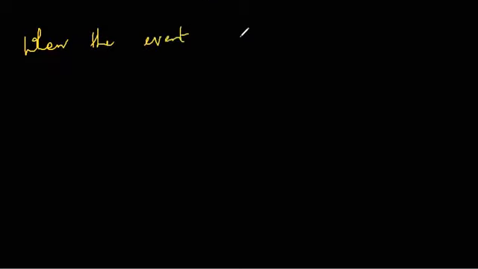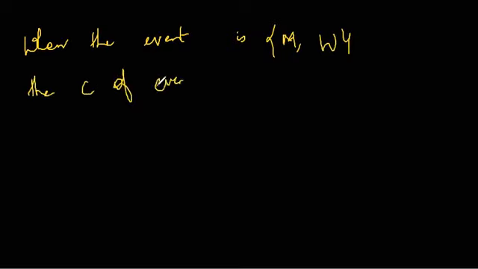Apart from that, you can also take an example. Suppose the event is Monday, Wednesday, then the complement of the event is all the days apart from Monday and Wednesday. So it will be Tuesday, Thursday, Friday, Saturday and Sunday.